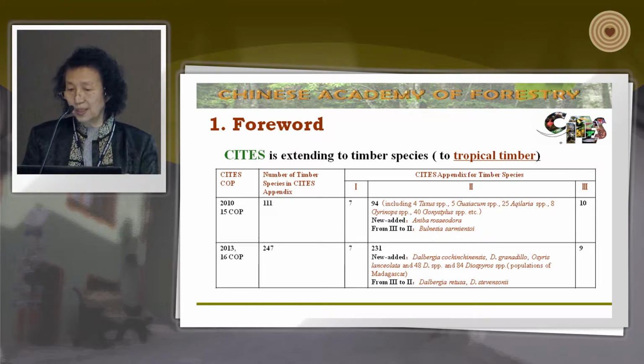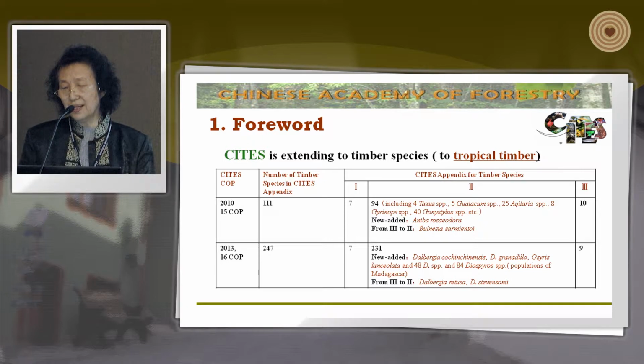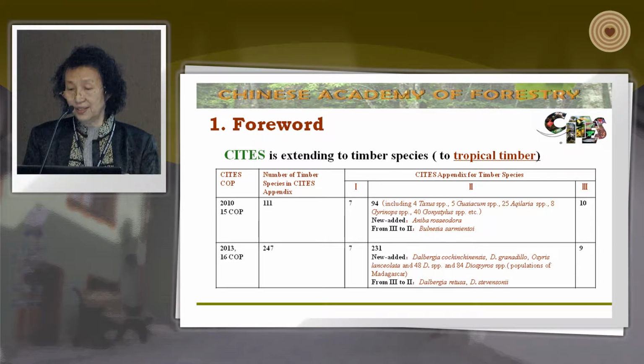For example, in 2010, the number of timber species controlled by CITES was about 111.